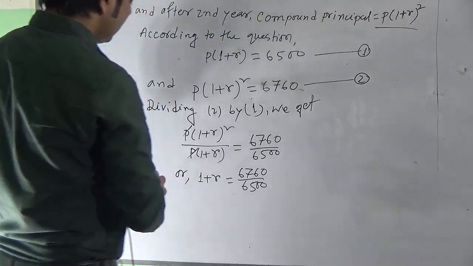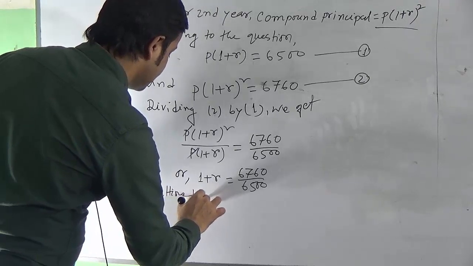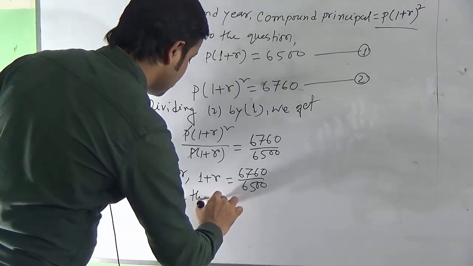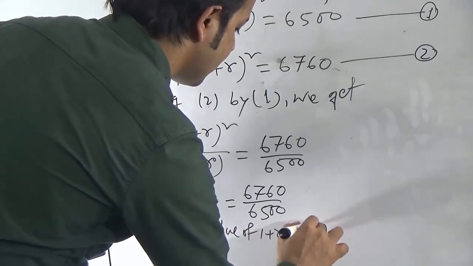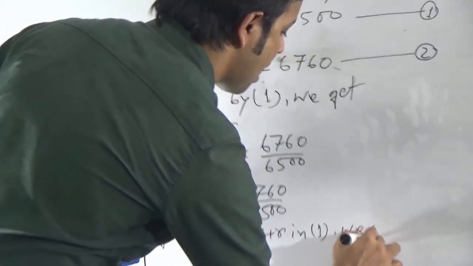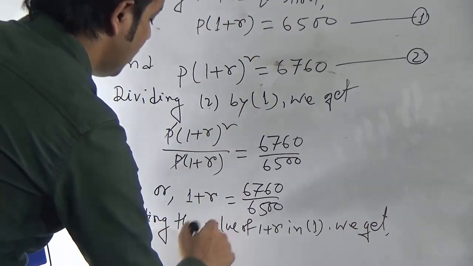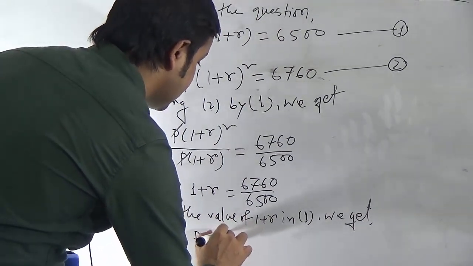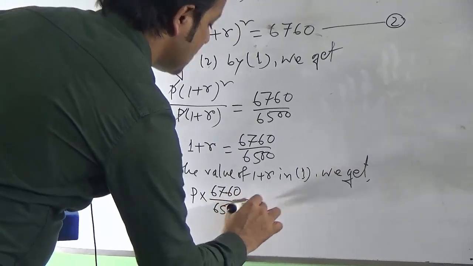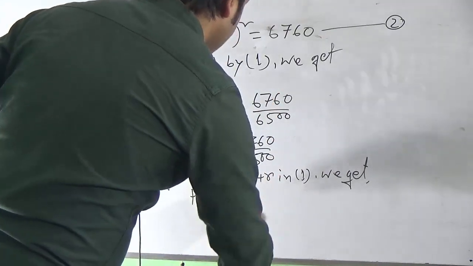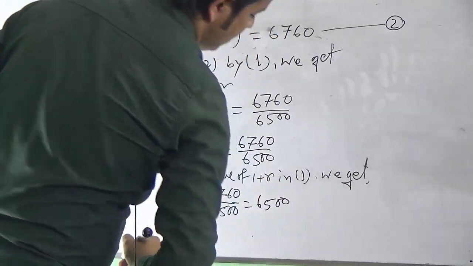So we can write, putting the value of 1 plus R in equation 1, we get P into 6760 divided by 6500 equal to 6500.